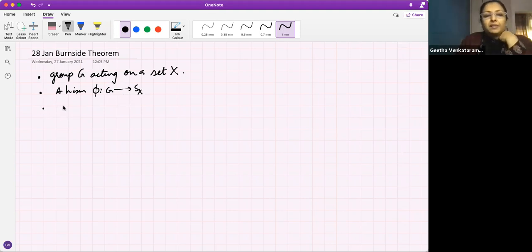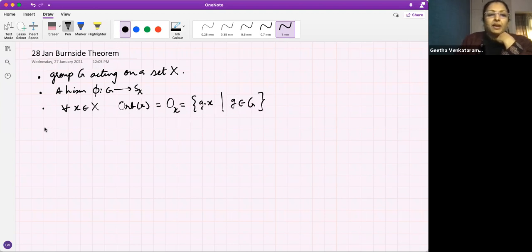And we could define for every x belonging to X something called the orbit of x, or O_x, and this consisted of all the other points in X to which little x is taken under the action of G. This is of course a subset of X. Then we had the stabilizer of x, which we denoted as G_x.